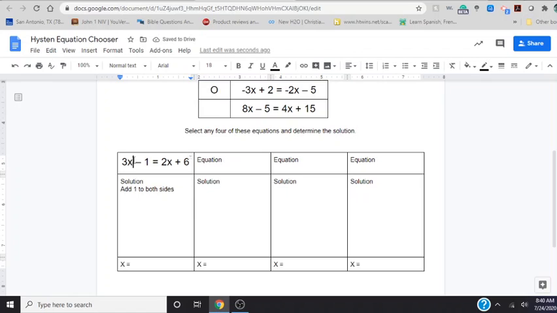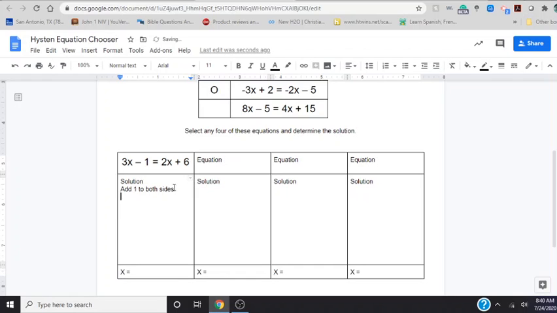That's what I would do here on this one. I would add 1 to both sides. And when I do that, because there's not much space, I'm going to put my in-between equation, which is 3x equals 2x plus 7. You see where that 7 came from? Well, because I added 1, which cancels this side out, and I added 1 here, which makes it 7.